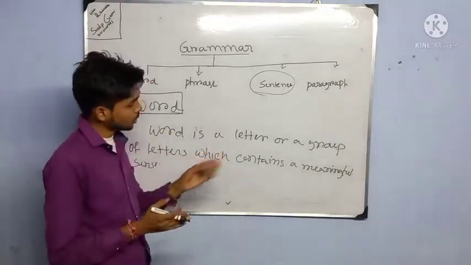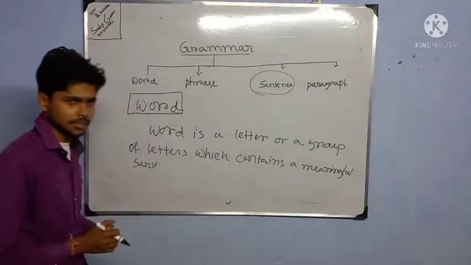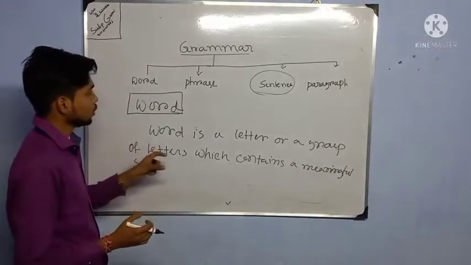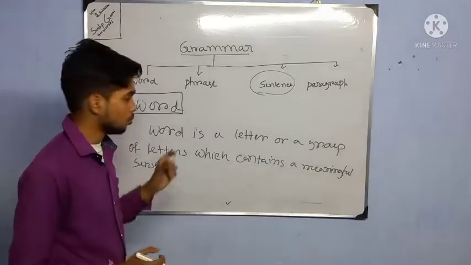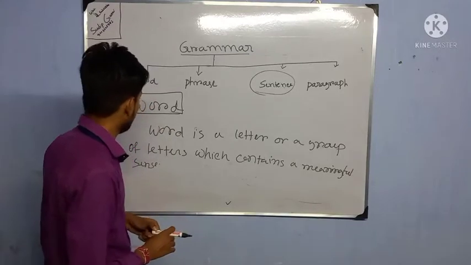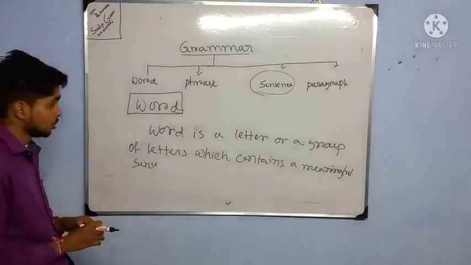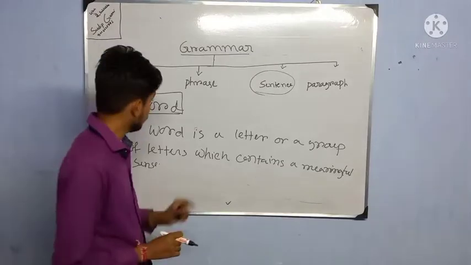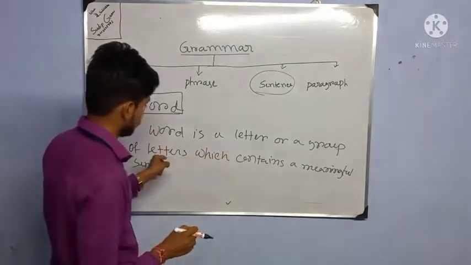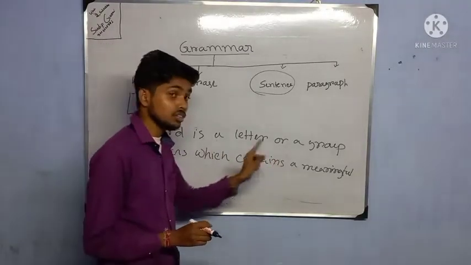When I was a student of class 6-7, my teachers told me: what is a group of letters? But it's not right. What is a letter or a group of letters which contains a meaningful sense?